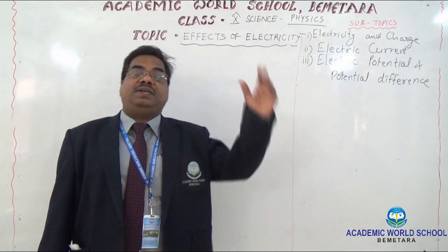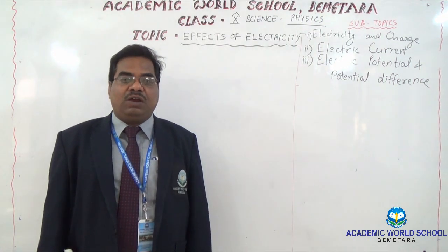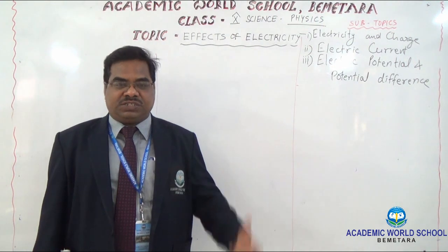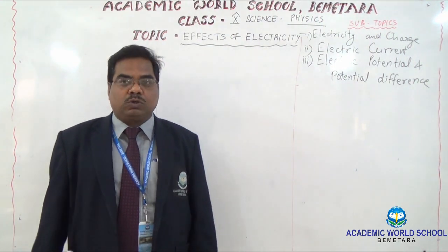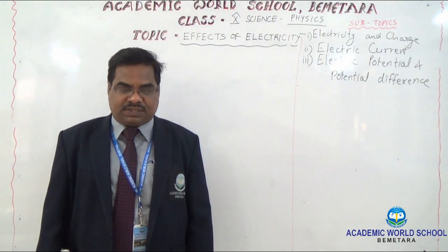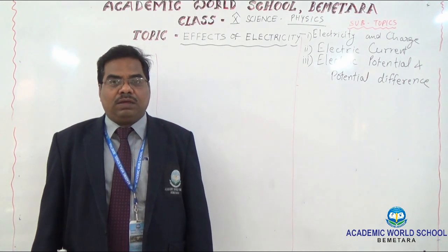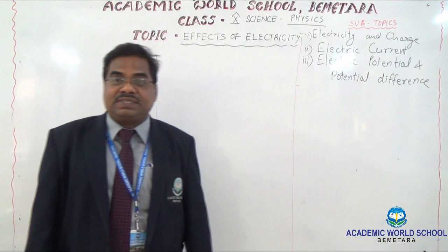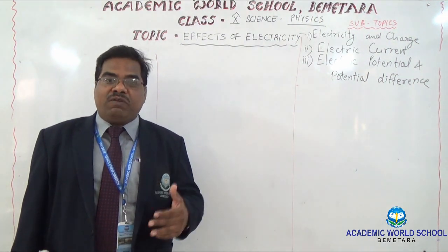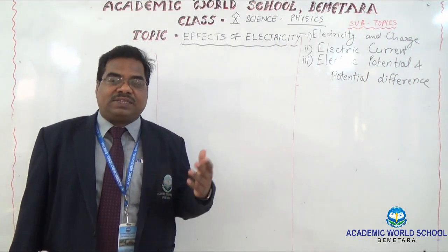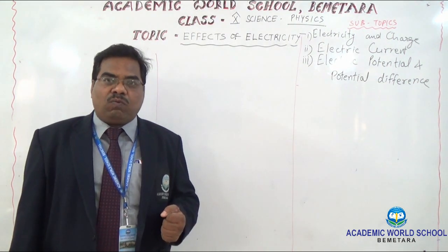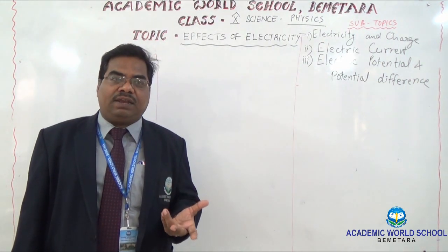Even the big factories run with electricity to run their machines and big engines. So what is electricity? The answer to this question is, electricity is the energy by which the appliances such as bulb, fan, etc. are working.